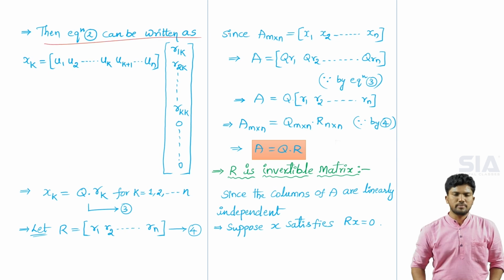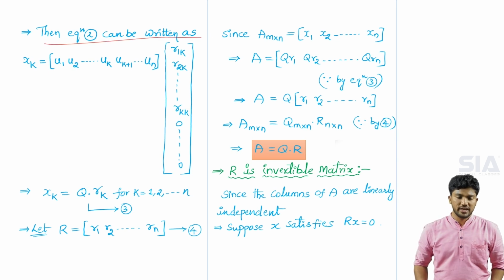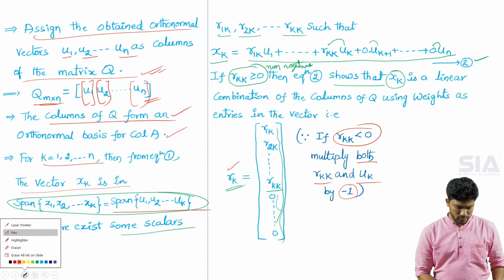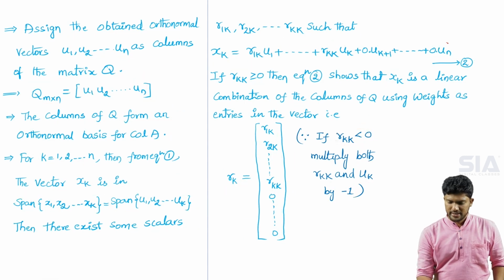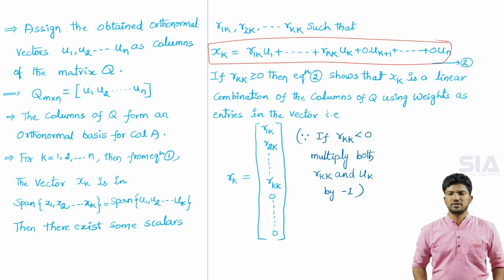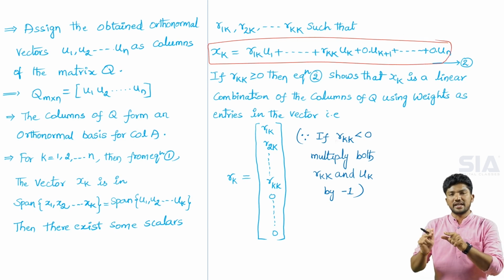Then equation number 2, which is the linear combination, we can convert into matrix format.